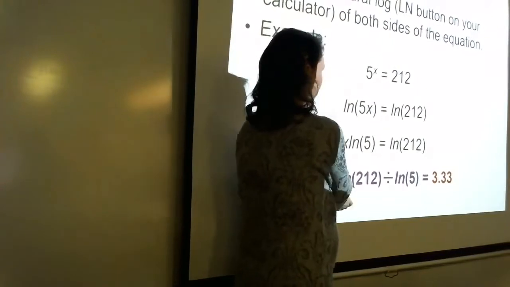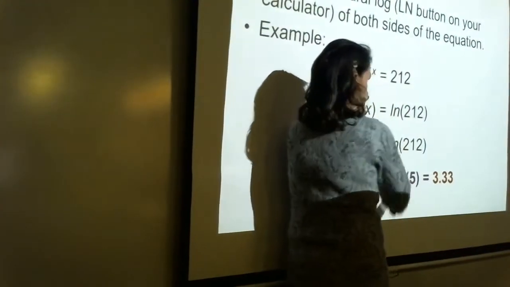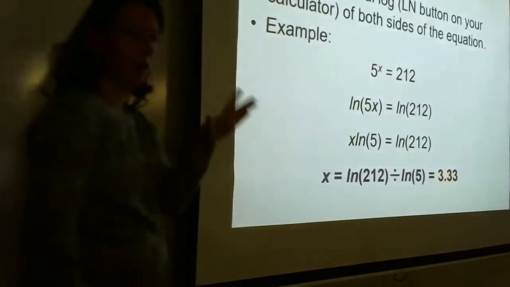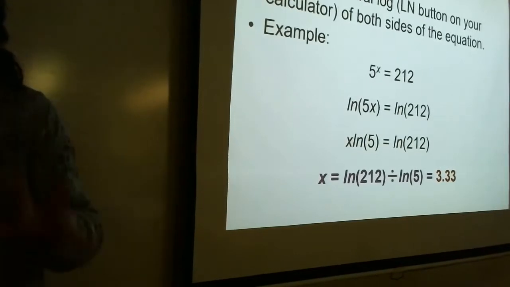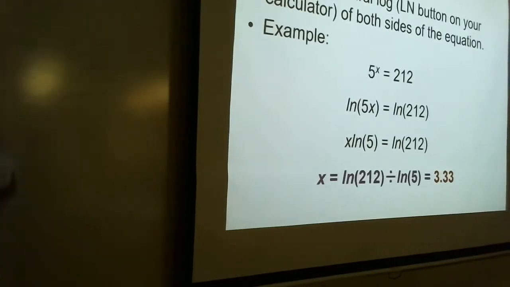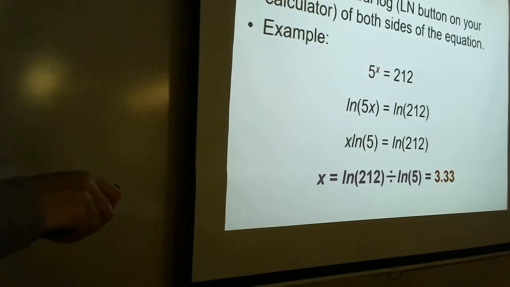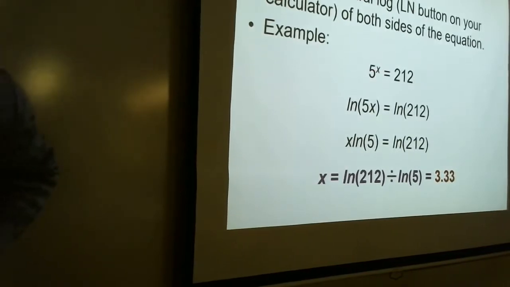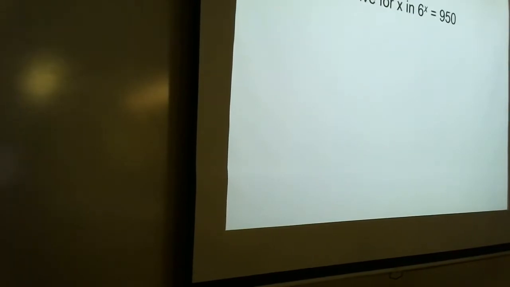What you end up doing is taking the natural log of this, dividing it by the natural log of this. Okay, I'm sorry if you already know how to do this and I just wasted 20 seconds, but I'd rather spend the time to talk about it than assume we remember it. Okay, so if you ever are solving for an exponent where it's not readily obvious, this is what you would do. Natural log of this divided by natural log of this.